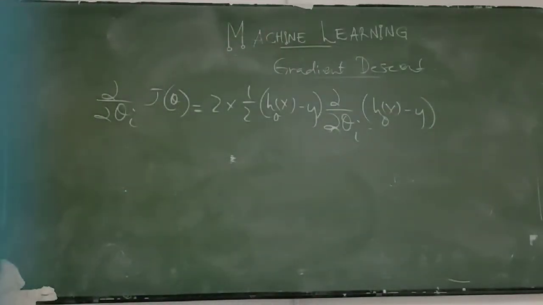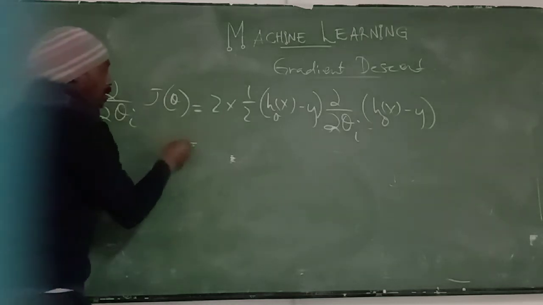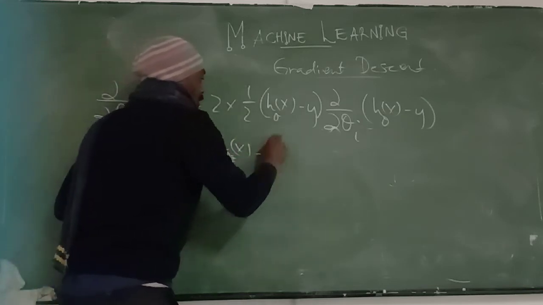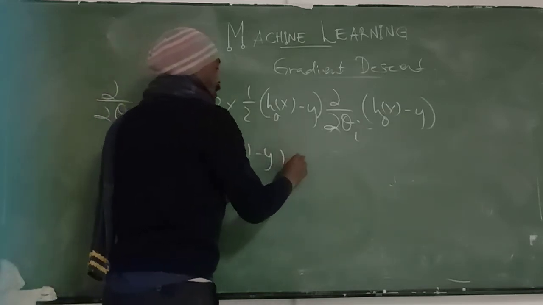So we've got an expression like that for the derivative. Now this obviously is given as the estimated price minus the actual price.